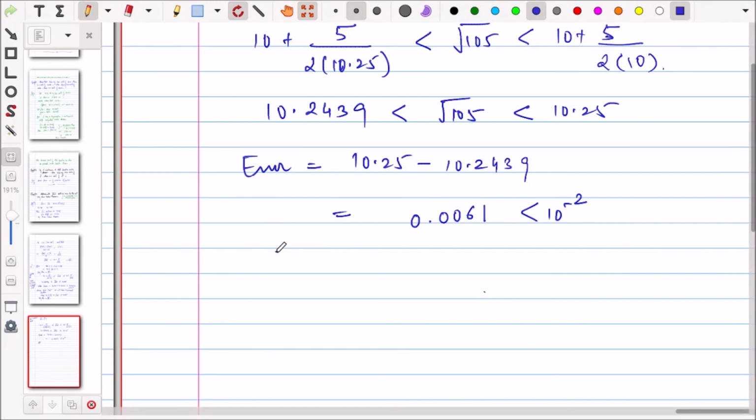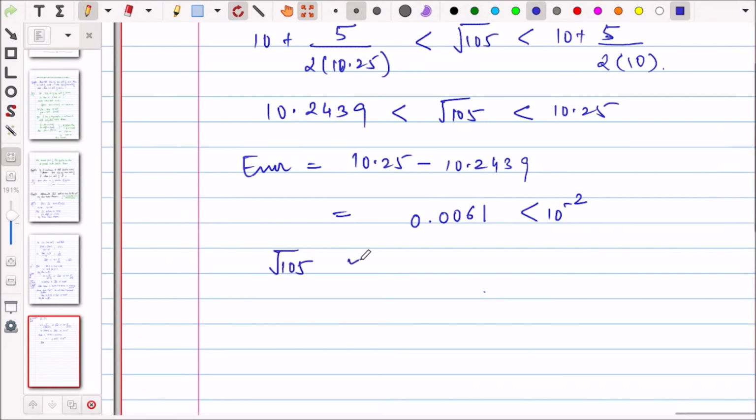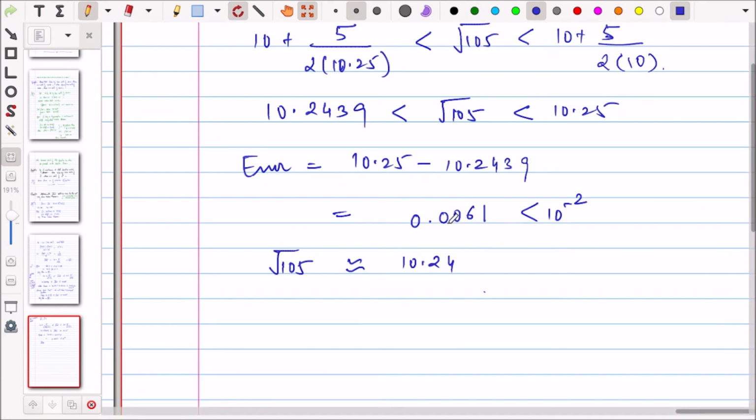So कौन सा नंबर देना चाहोगे? Is approximately 10.245 कर दो, ठीक है? Yes, in between these two. Is it fine?